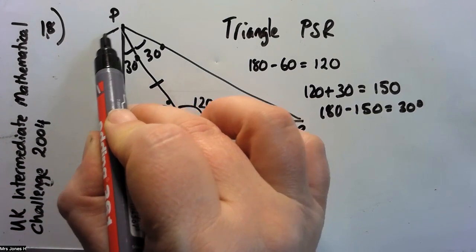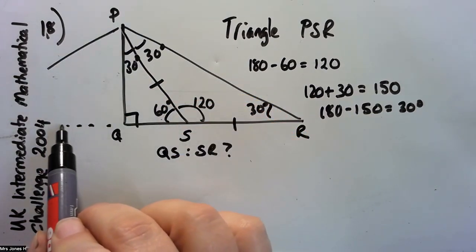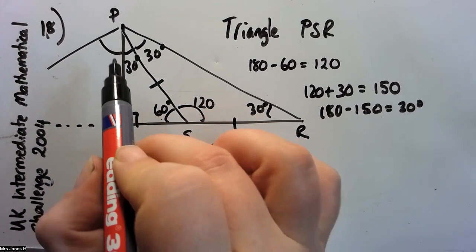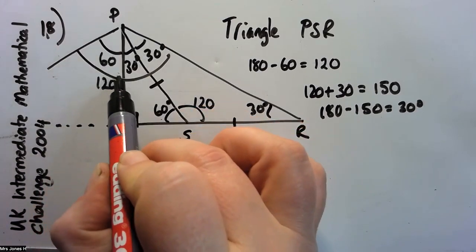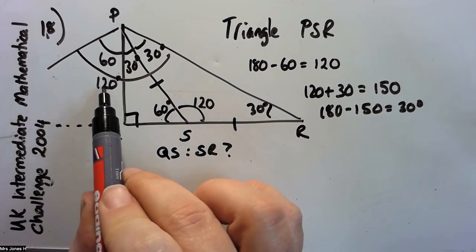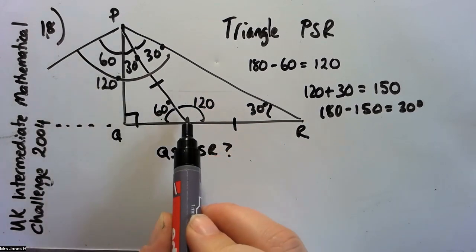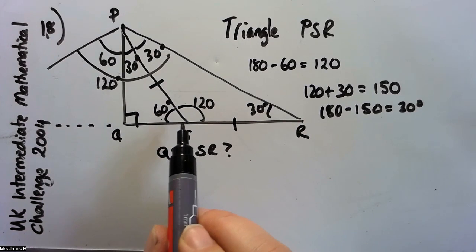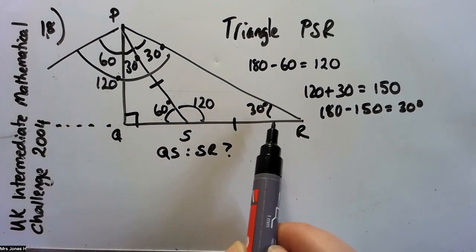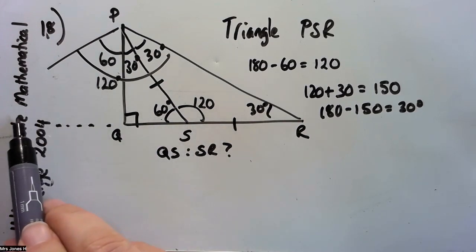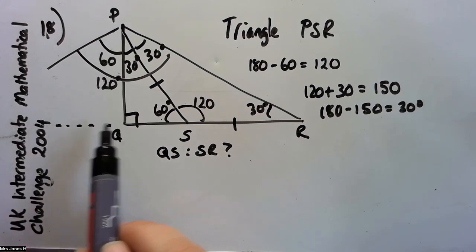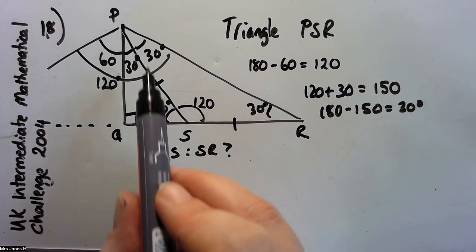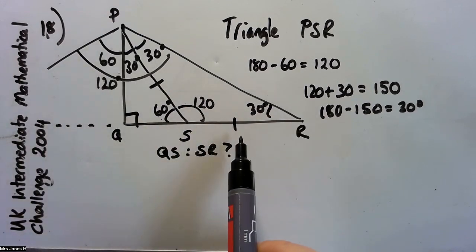If we brought this over here, then actually we would have another 60 degrees here, making the whole of this 120 degrees. And if you've got 120 degrees here, it's a bit like this isosceles triangle in here. This is 120, this is 30, so therefore this one here will be 30. And therefore what we've got going on here is a big triangle, and PQS is half of that.